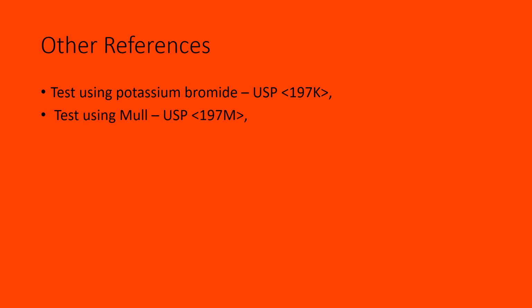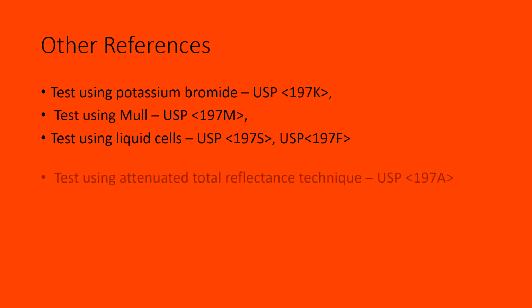Other references include test using a potassium bromide, that is USP 197K. So as told earlier, you have to remember for potassium bromide, K is used as a suffix. Test using Mull preparation is USP 197M. Test using liquid cells is USP 197S and 197F.